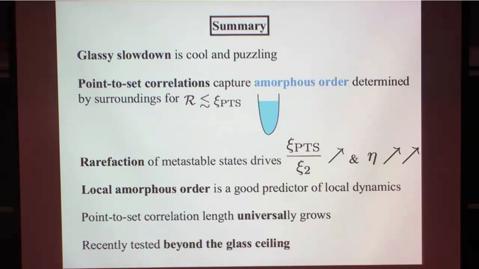In addition, you can do a local probe of the local amorphous order, and it turns out to be a good predictor for the local dynamics. So this relation between static and viscous dynamics holds even at the local level. And something I didn't allude to much is that this growth of point-to-set lengths is pretty universal. We've done this for many systems, and unlike any other proposal, it seems to work all the time. It has also recently been tested beyond the glass ceiling. So that's the end of the talk.